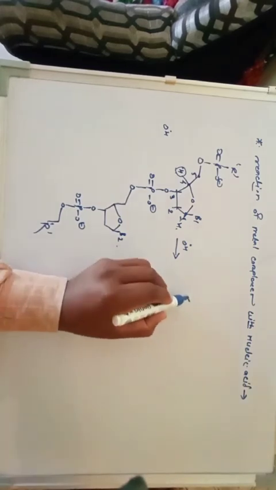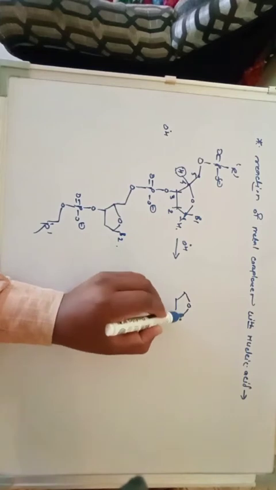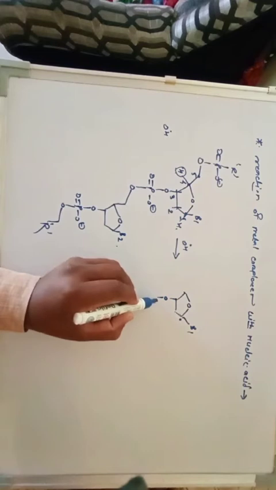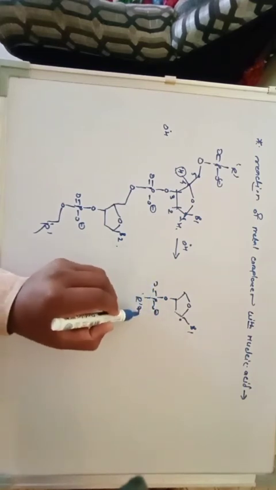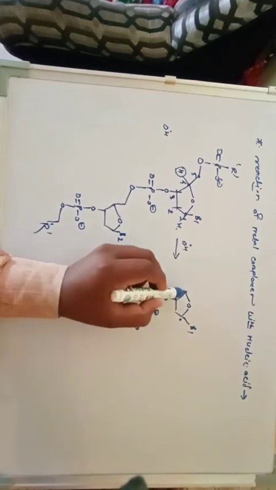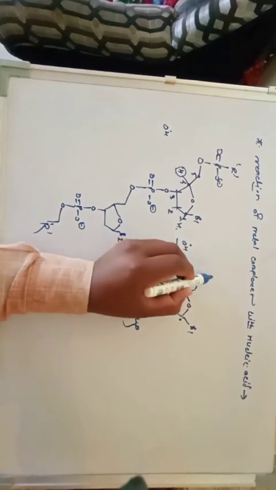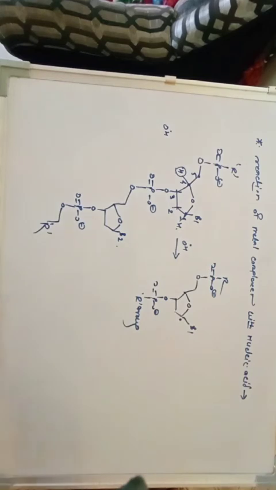So what you get here is an oxygen radical, with B1 there, the sugar group, P double bond O minus, and the R group. The other route is that it will abstract the proton, forming a radical carbon.